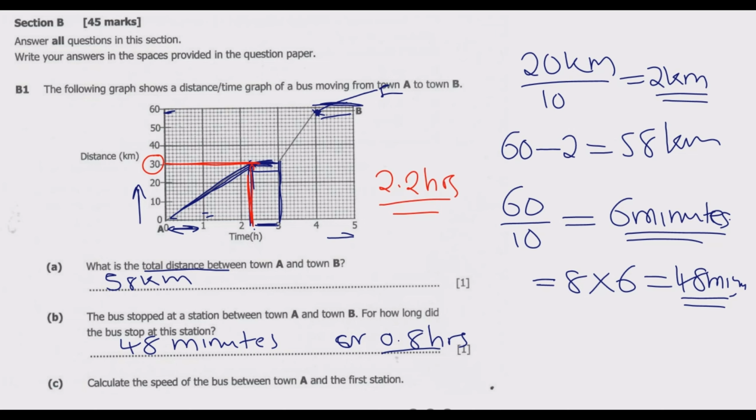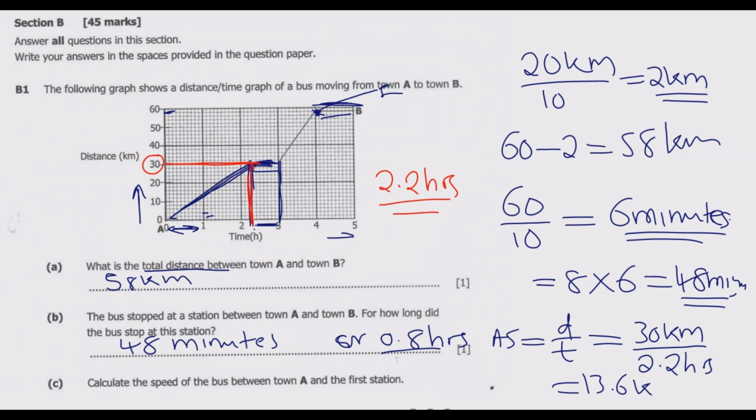To find the average speed, we get the distance divided by time. So the distance is 30 kilometers. We divide by the time, which is 2.2 hours. Then we end up with approximately 13.6 kilometers per hour as the average speed.